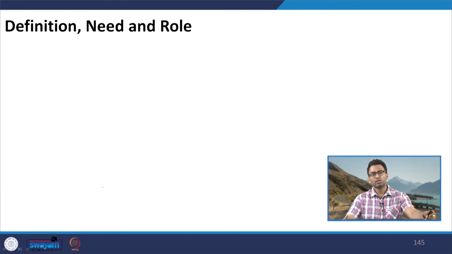So, let us first see what we mean by modified bitumen, how we define a modified asphalt binder or a modified binder or a modified bitumen, and let us also see what the need of modification is, why we need to modify the conventional asphalt binder, and what the role of this modification process is.